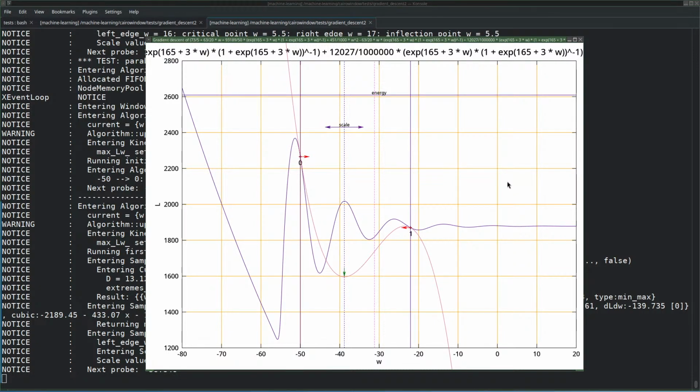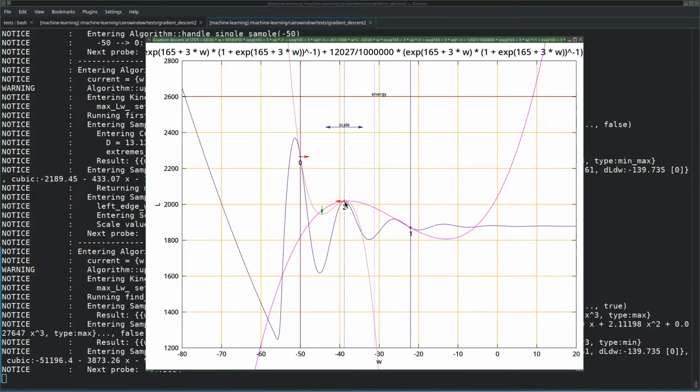Yeah, I have 2 points, 0 and 1. And then we get a new point here, which then gives rise to 2 new cubics. A cubic that goes through 0 and 2, and a cubic that goes through 2 and 1. And not just goes through, but also has the same derivative there.